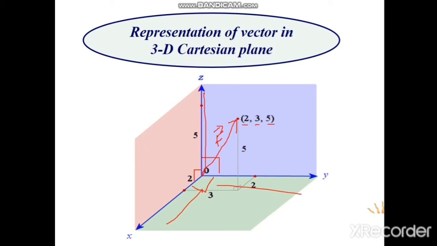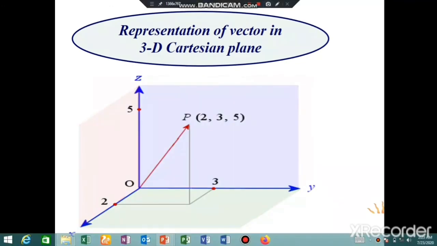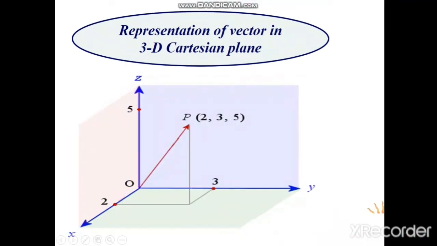The angle that the vector F makes with the x-axis, this angle is alpha, while the angle that the vector F is making with the y-axis is known as beta, while the angle with the z-axis, this angle, is gamma. In this figure you can see that the vector is drawn in xyz space, that is 3-dimensional space.